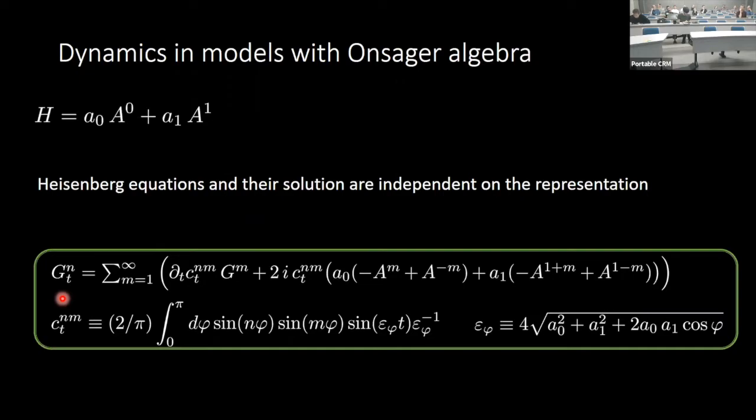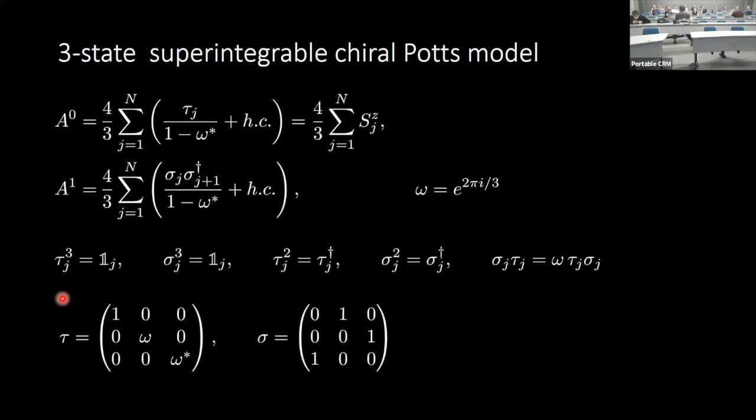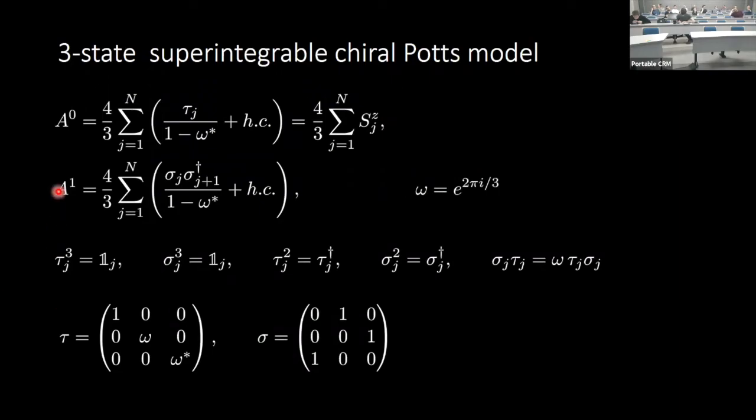But there are important differences yet with the Ising model, and let me show you an example of the simplest chiral Potts model, the three-state Potts model. A0 and A1 look like this, where this is a spin 1 model.